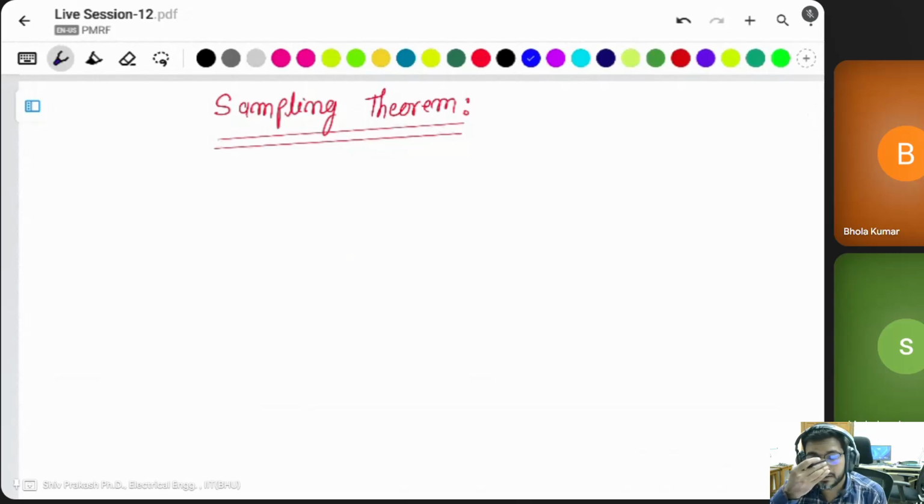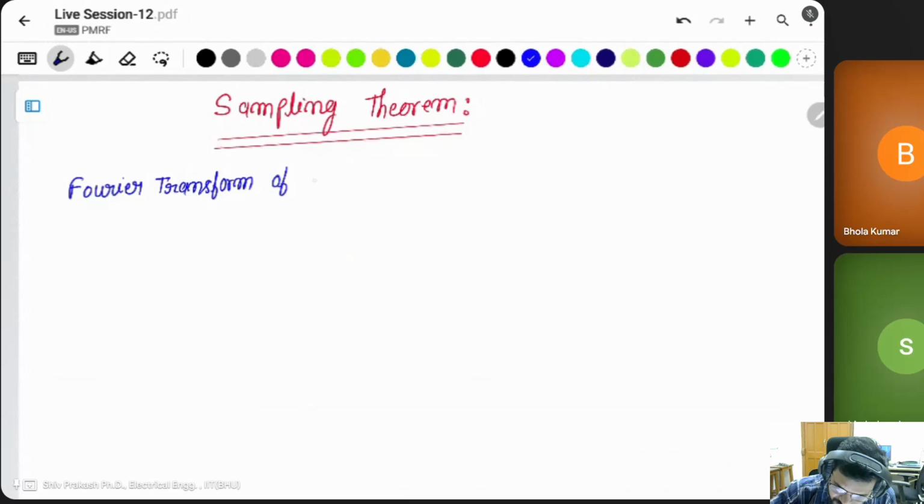For this sampling theorem, first of all, we need the Fourier transform of a periodic signal. After that, you start the sampling theorem. Fourier transform of periodic signal.